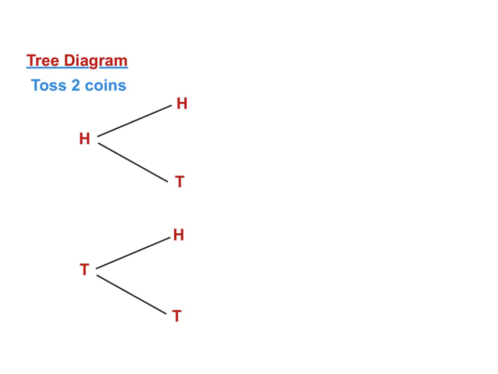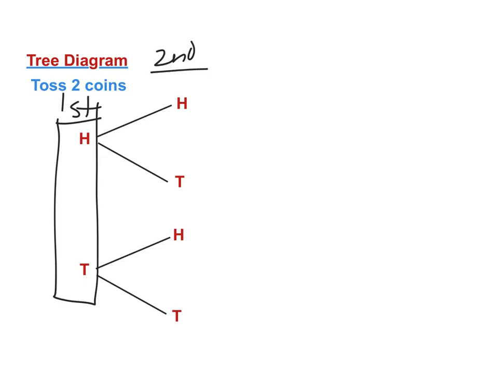So this would be the first flip here, and then flips, tosses, whatever you want to call it. And then for the second one, the possibilities line up. And this is where I come up with my total.